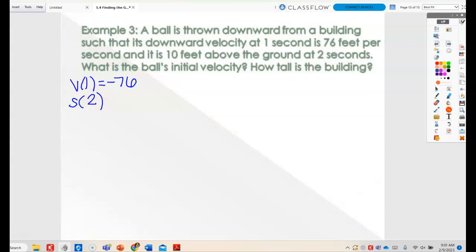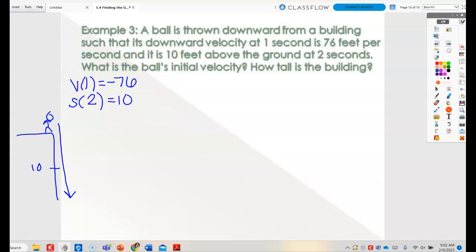The ball is 10 feet above the ground. So again, here's my man throwing the ball. We don't know how high up that man is. It says, goodbye ball, you're going down. The height of the ball is at 10 feet, 2 seconds into the ball's path. What is the ball's initial velocity? How tall is the building?